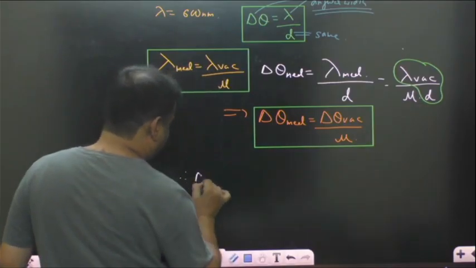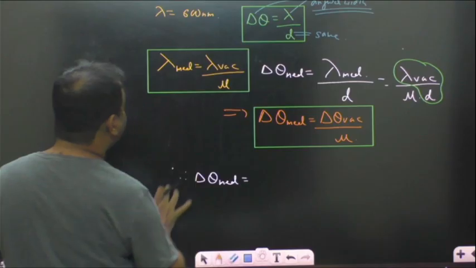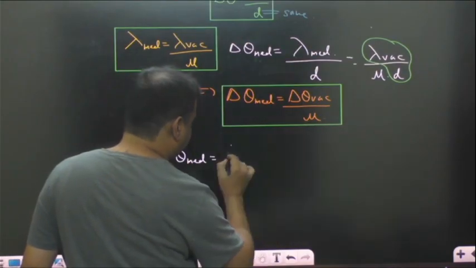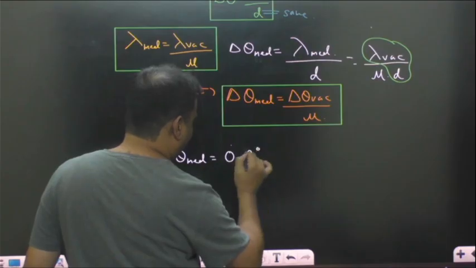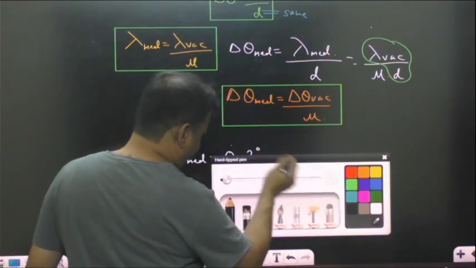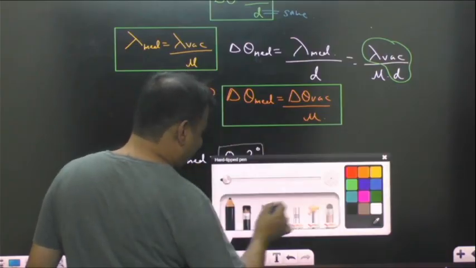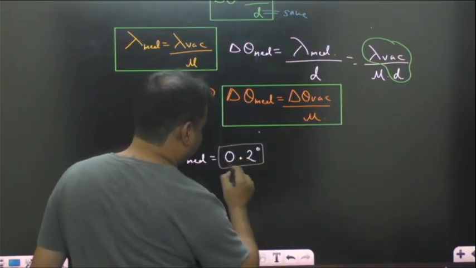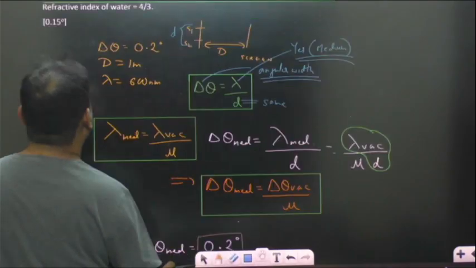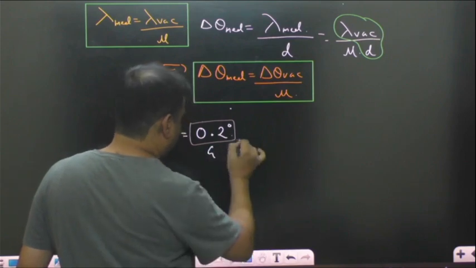So therefore the angular fringe width in the medium is, what was the angular fringe width in the vacuum? 0.2 degree. And you need not change the unit from degree to radian because it's a division. So if you take it in degree, the answer will come in degree, and if you keep it in radian, the answer will come in radian, divided by the refractive index, which is 4 by 3.